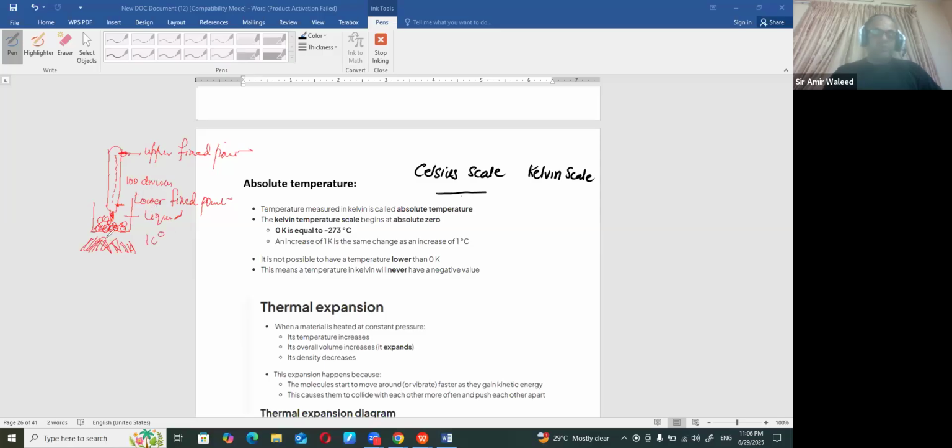Now, what is that lower fixed point? The lower fixed point is called the melting point, and the upper fixed point is called the boiling point. Now, what is the melting point and what is the boiling point? Melting point: you see yourself that you start giving heat, the ice becomes liquid, right?